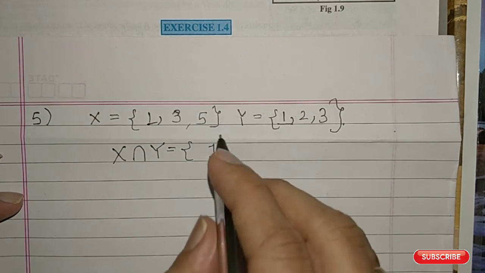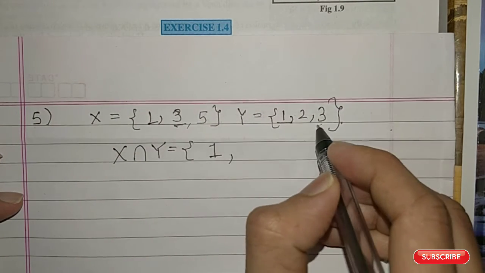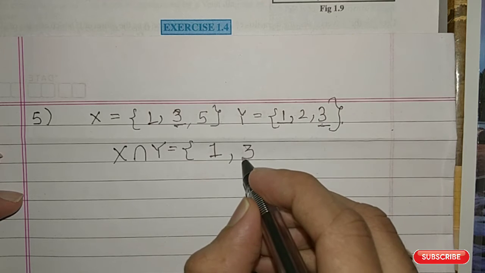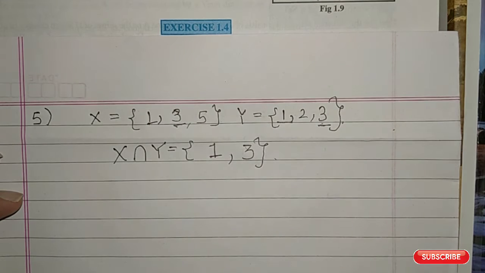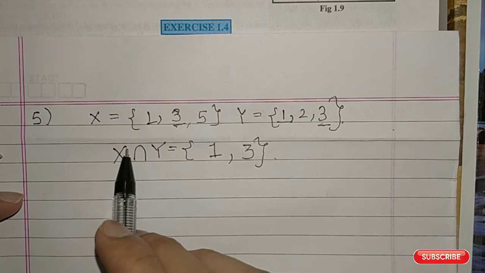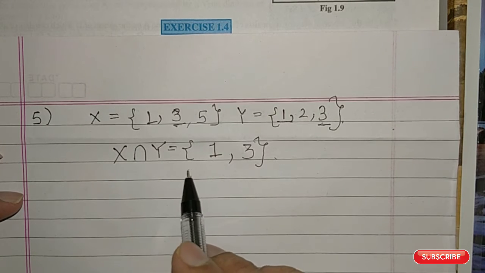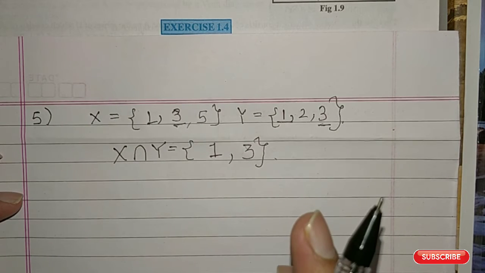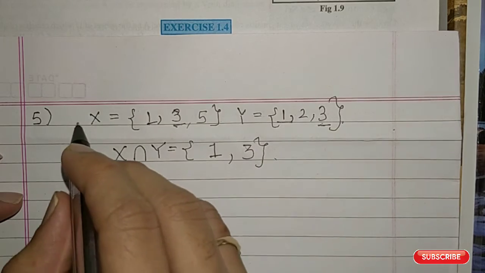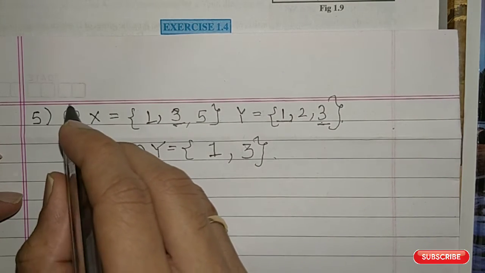And 3 is also common here, so 3 will also be in the set x intersection y. So x intersection y equals the set {1, 3} is the answer for the first problem.